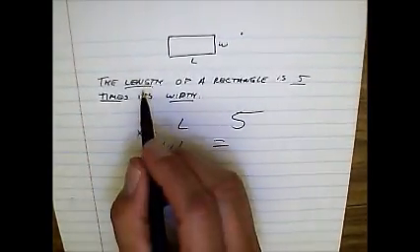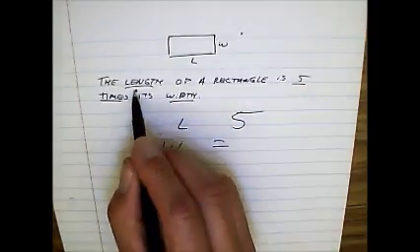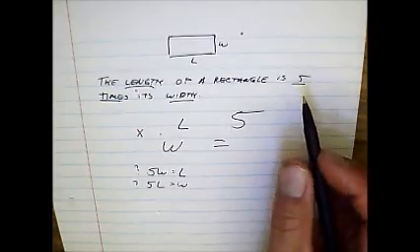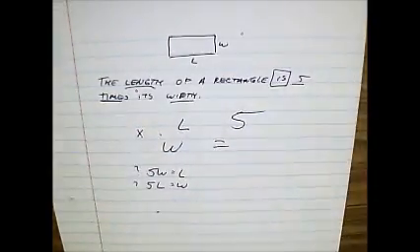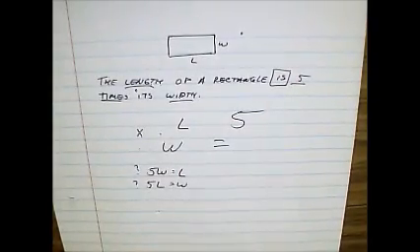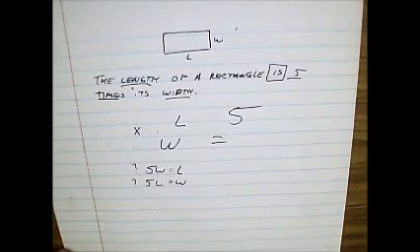Okay? The length of a rectangle is. Now, guys, "is" is a math word. It's a little word. Sometimes it doesn't mean anything in math, but a lot of times it means a symbol. What is it? Listen carefully.